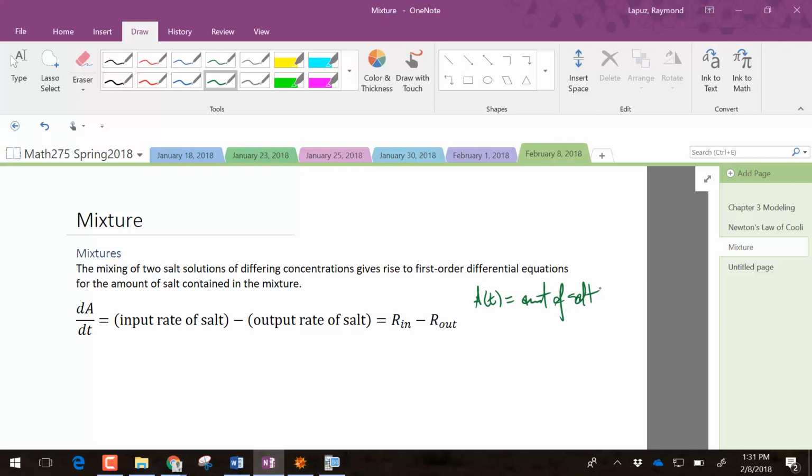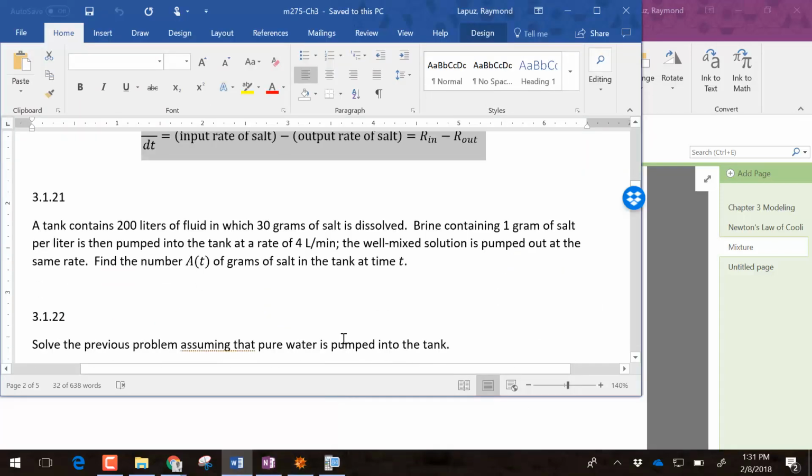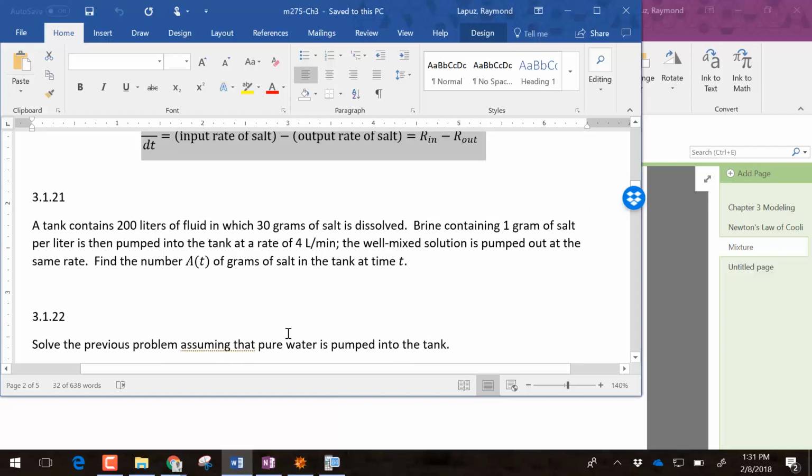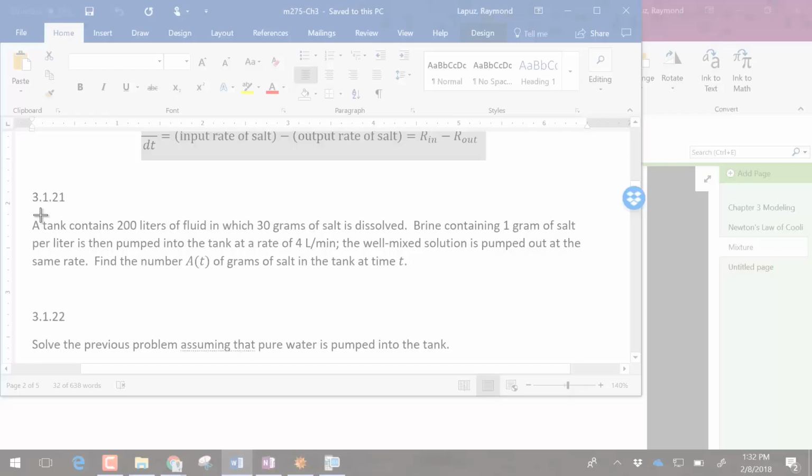So let's do a problem. There's a problem here. There's actually a couple of problems here. It's kind of similar to related rates, except it's a little bit more complicated.